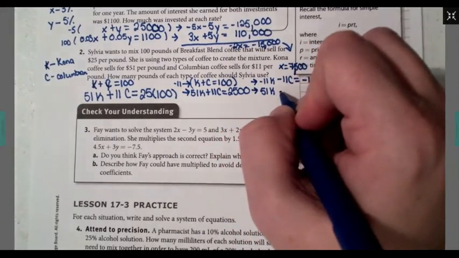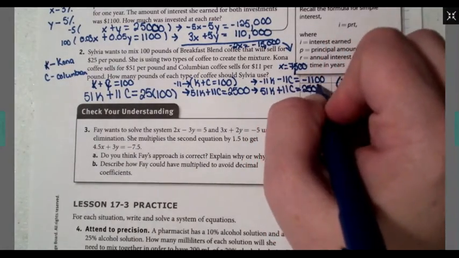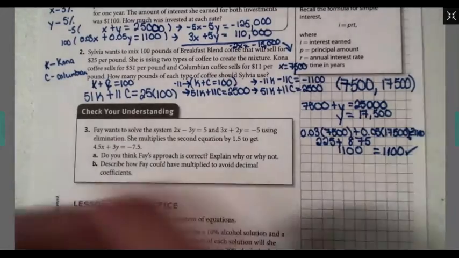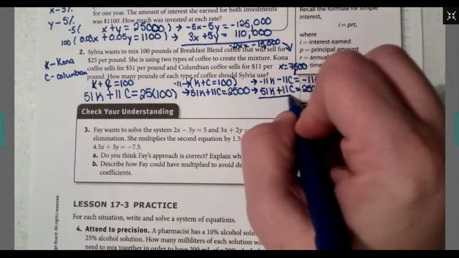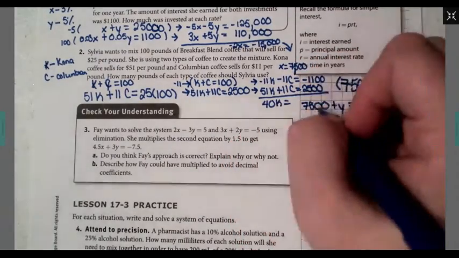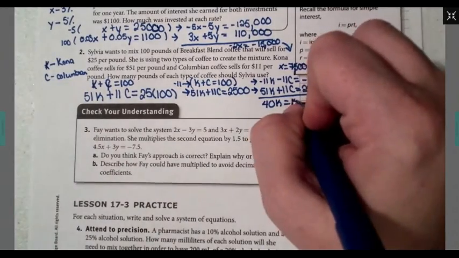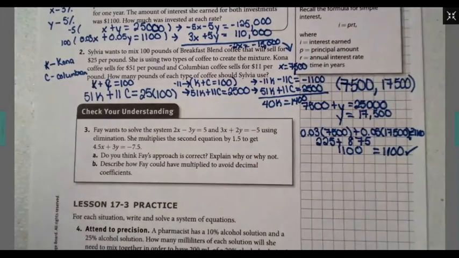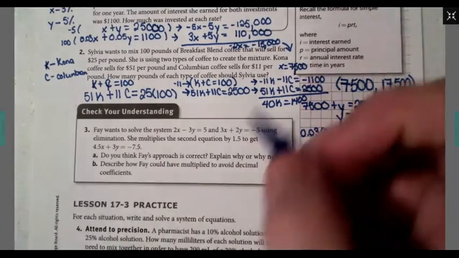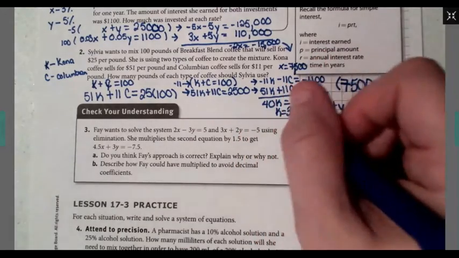We got 51K plus 11C equals 2,500. Add these together. We've got 40K equals 1,400. And divide that by 40. So we need 35 pounds of this Kona coffee.